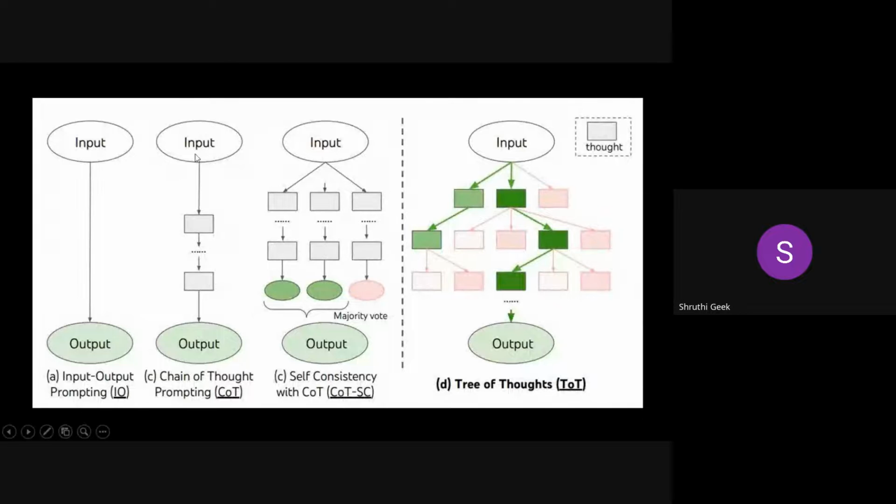Coming to tree of thoughts. As you all know, we have chain of thoughts, which is a single flow. It's just a one-shot flow. You have one question, then one thought, then the next thought, then the next thought, and then you have the output.